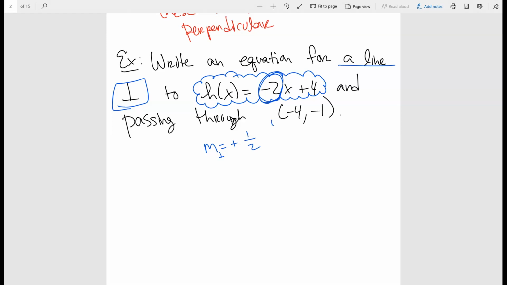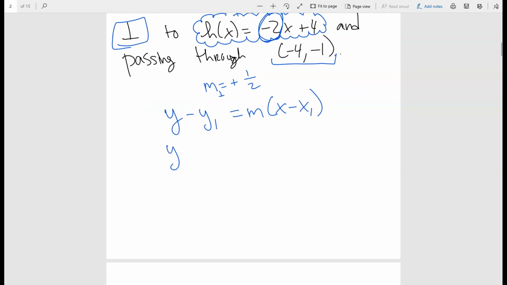And it has to pass through this particular point. Well, we know how to find that equation if we have a slope and a point. We just use y minus y1 equals m times x minus x1. So y minus y1, in this case, will be this -1, equals m, which is this 1/2, times x minus x1, which is this -4.